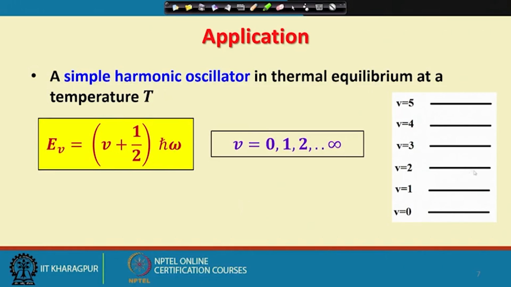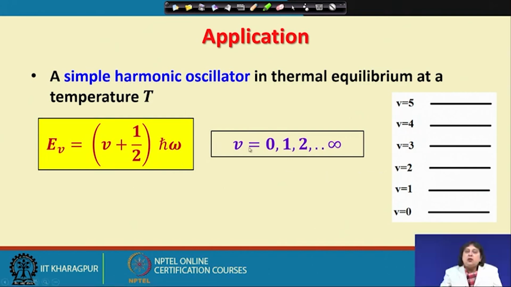So, in this case, when I write down the energy states, I write it down in terms of a quantum number that varies from 0, 1, 2, etc. So, it can take up integral values, and there are infinite number of possibilities. For a given value of this quantum number v, you can find out the associated energy value of this energy state, and that is (v plus half) h cross omega, where omega is the angular frequency of the oscillator.